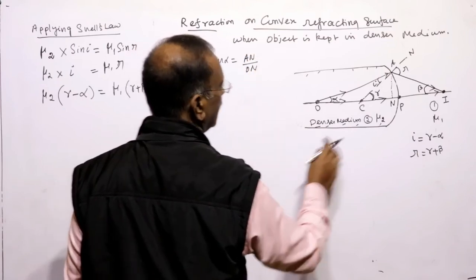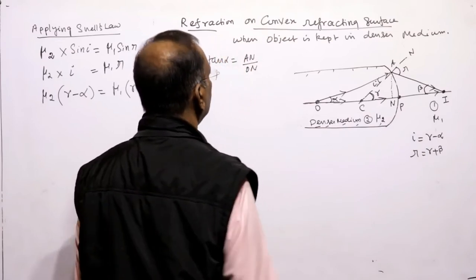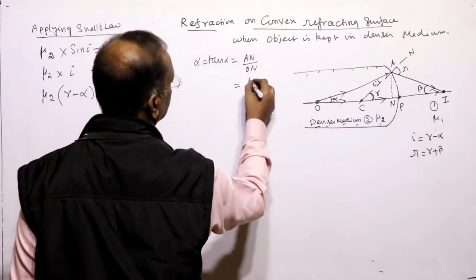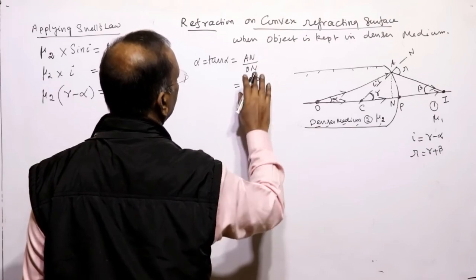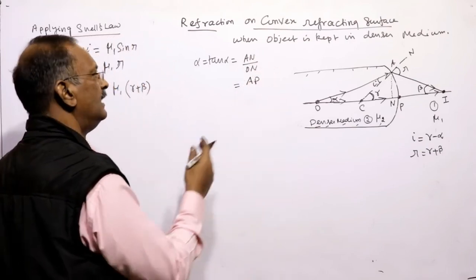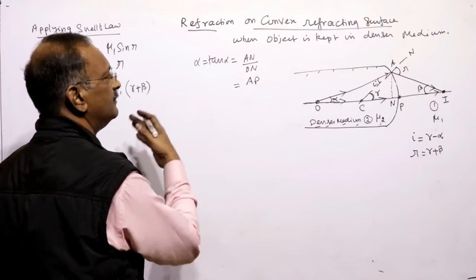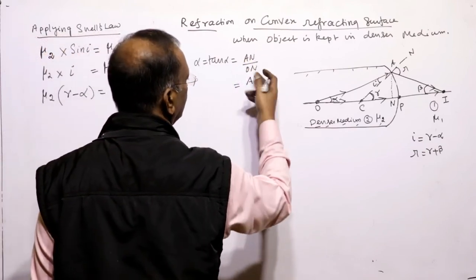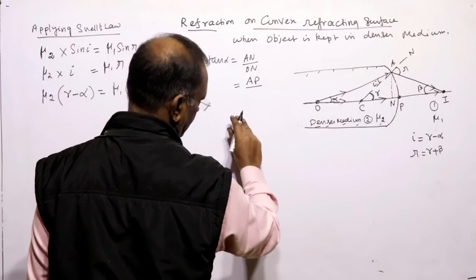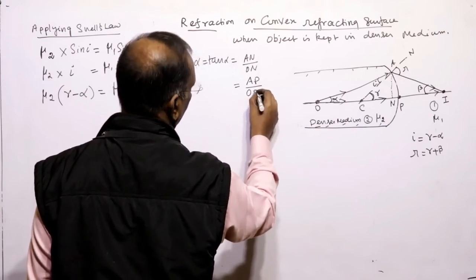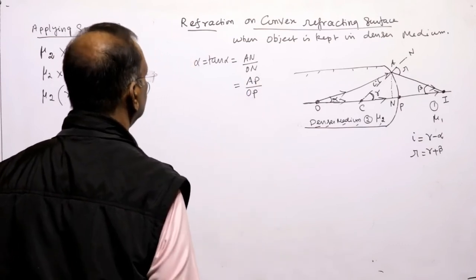Since N and P are close, we can replace N by P, so this is AP. We can leave AN also, because AN is in the numerator on both sides, so it can be removed. Whether we put AN or AP does not matter. AN by AP is equal to OP; we can write ON as OP.